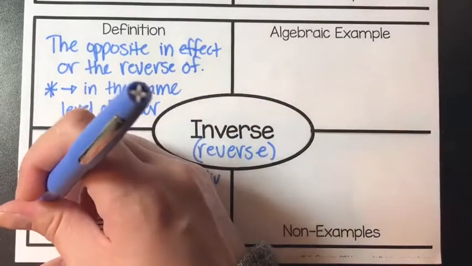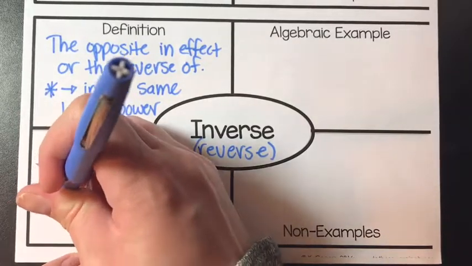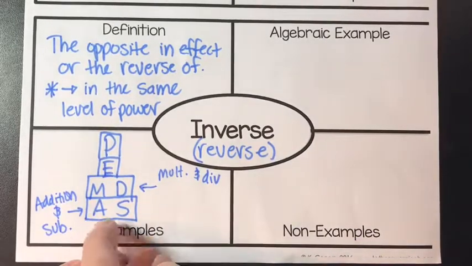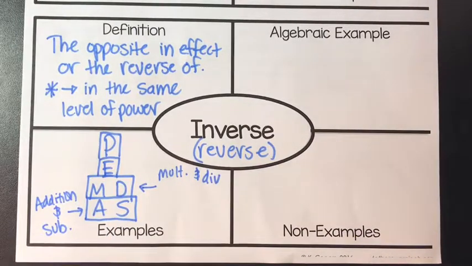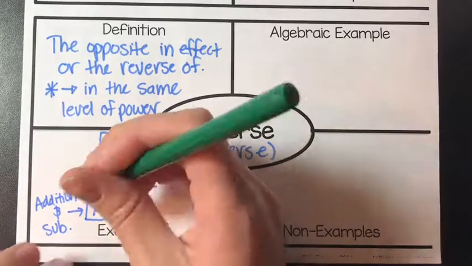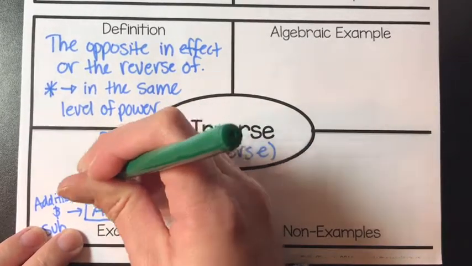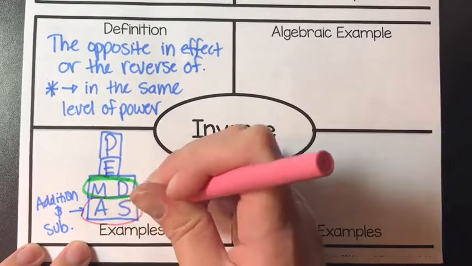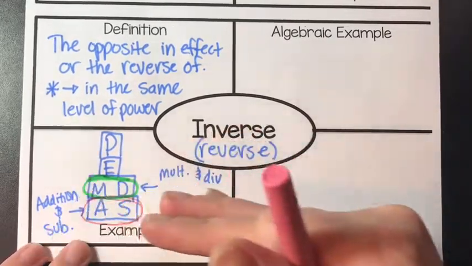Just like addition and subtraction, they have the same level of power. So I'm going to actually use colors to represent that. These guys are both equally powerful, just like these guys are equally powerful. They're on the same level.